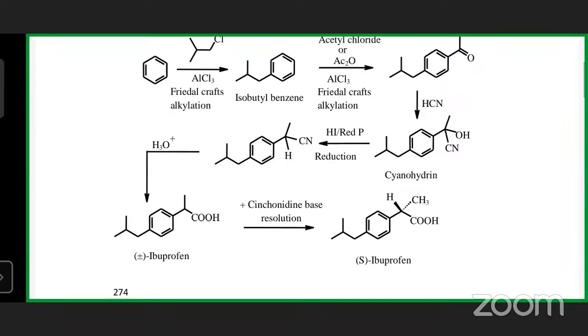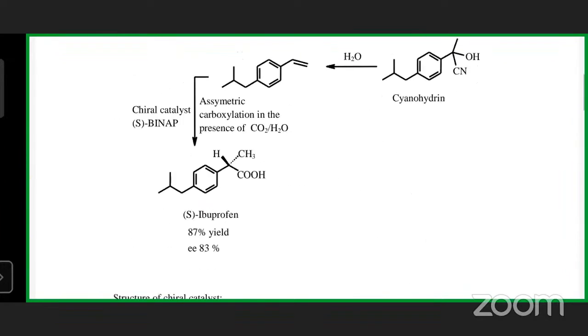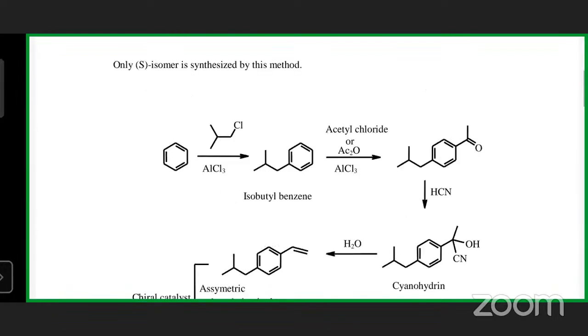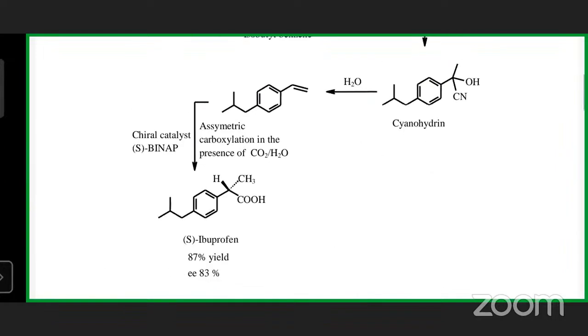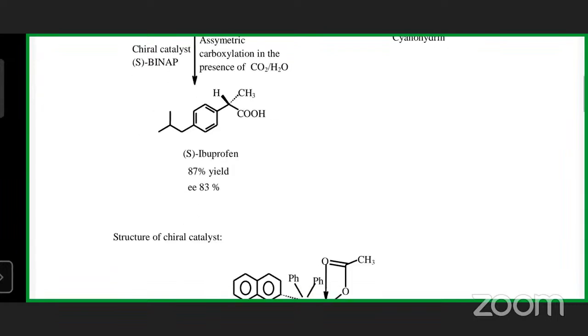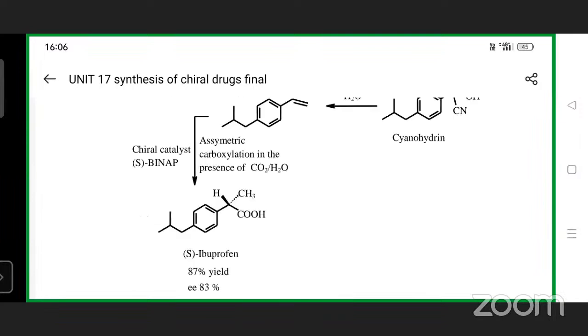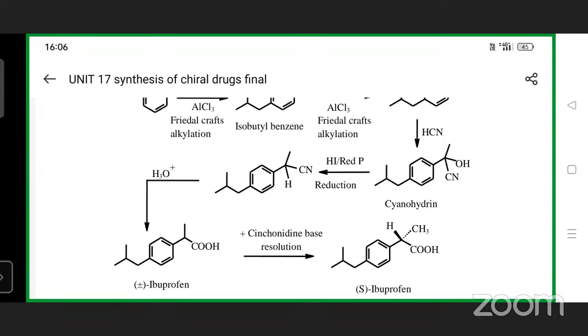But in the chiral pool synthesis you get more yield, because the wastage of the product is less, as we are using the chiral catalyst. That catalyst will produce only one isomer, so no further separation or resolution is required.